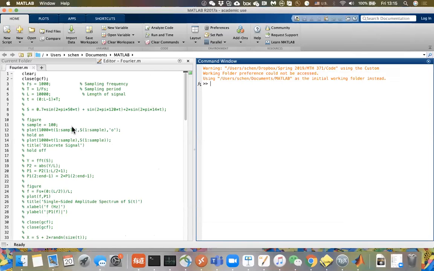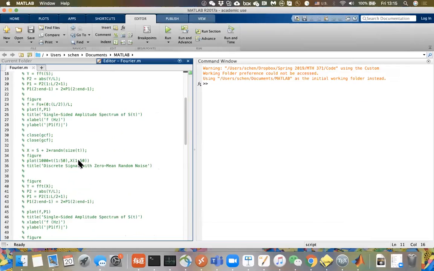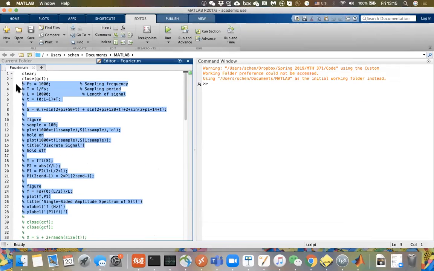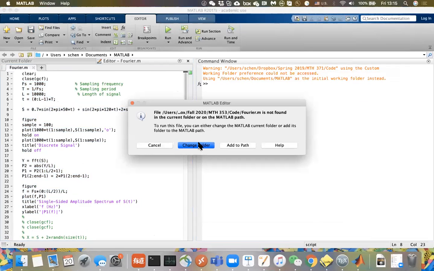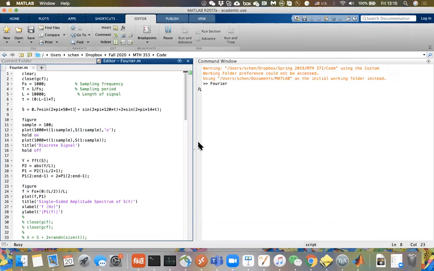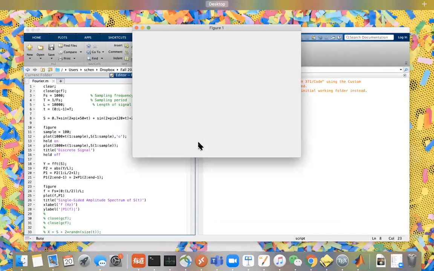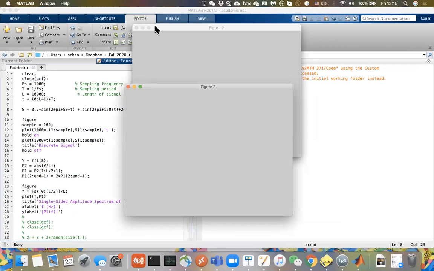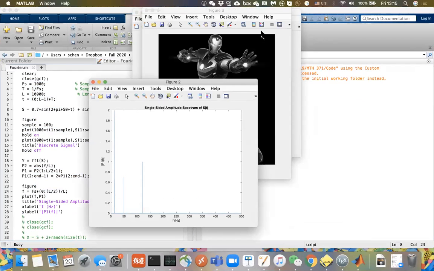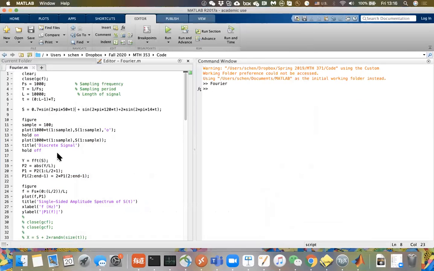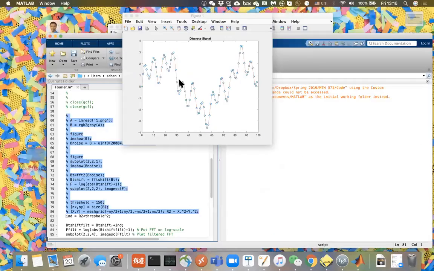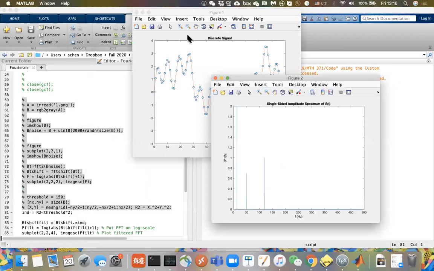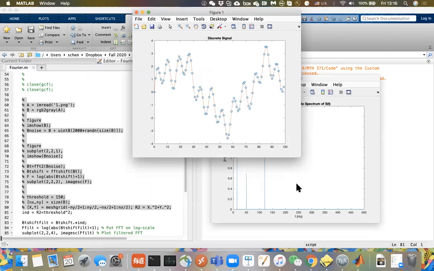We said if we have a signal, you sample it, and then you use the Fourier transform, you can actually decompose the original signal into 3 sine curves.